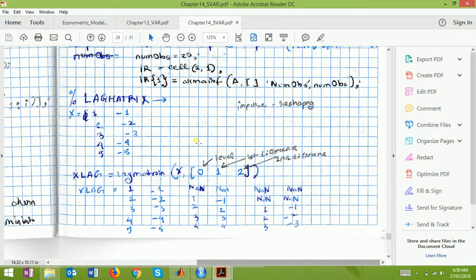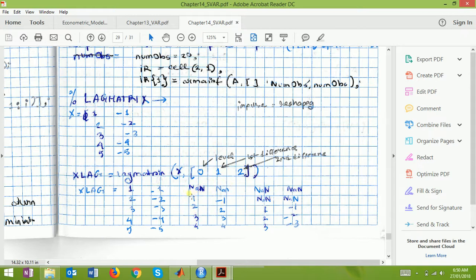Okay, here we have lag matrix. Lag matrix is simply a function that takes your level, your first difference, your second difference, and for that it generates a pair of series. So x, then minus 1, minus 2, a lag.